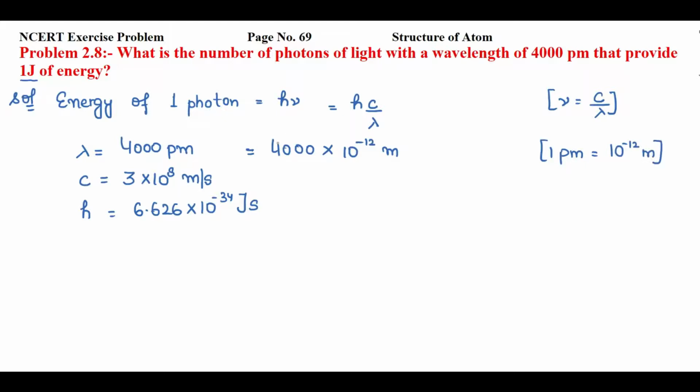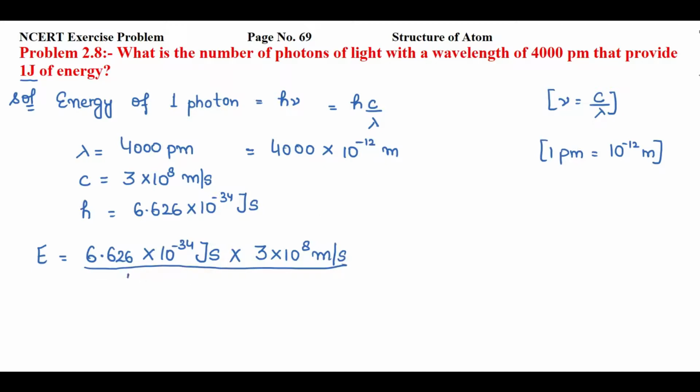Now we'll put the value in the relation. So energy of one photon, represented by E, equals hc by lambda. h is Planck's constant, 6.626 into 10 raised to power minus 34 joule second, into c, velocity of light, 3 into 10 raised to power 8 meter per second, divided by wavelength, that is 4000 into 10 raised to power minus 12 meter.